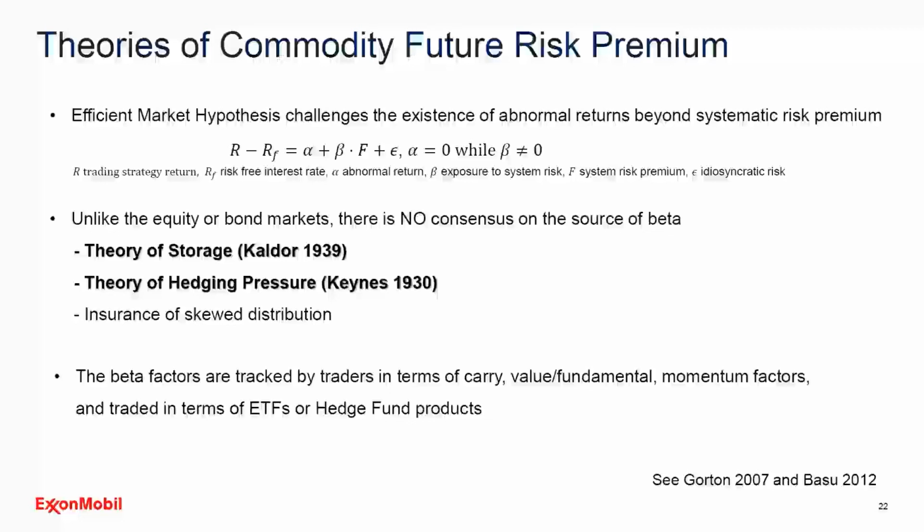And regarding commodity futures, there are quite a few different theories. For example, the theory of storage basically means the futures price is determined by the storage levels. The lower the storage or inventory levels, the higher the price. And also the hedging pressure, which went back to Keynes in the early 1930s.